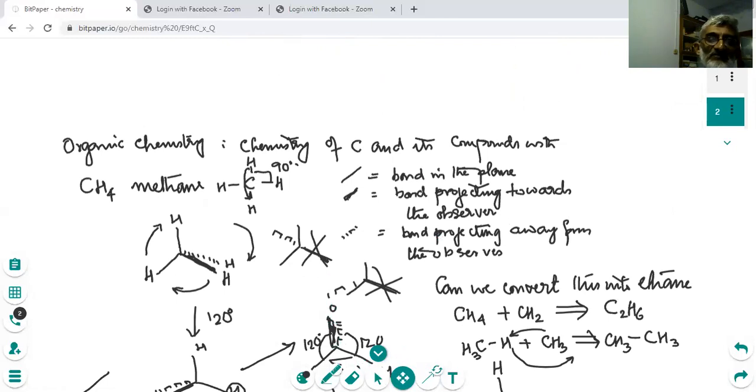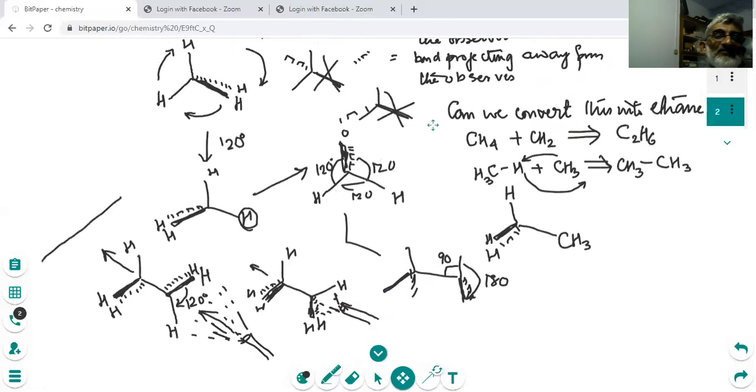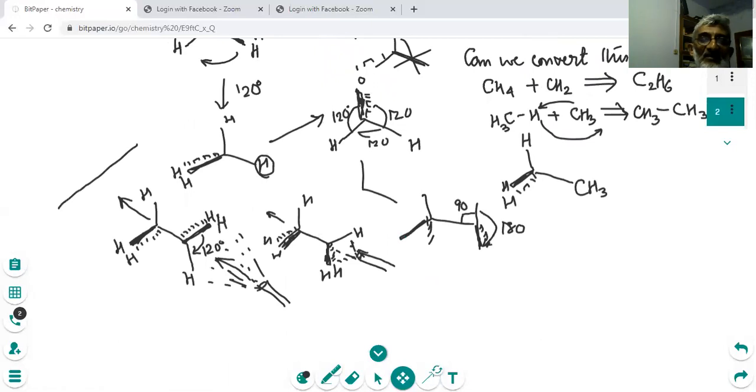You have drawn them? Okay, you can do this by the time we start our next class. Along with that, what you can do is draw the structure of propane and butane and hexane.